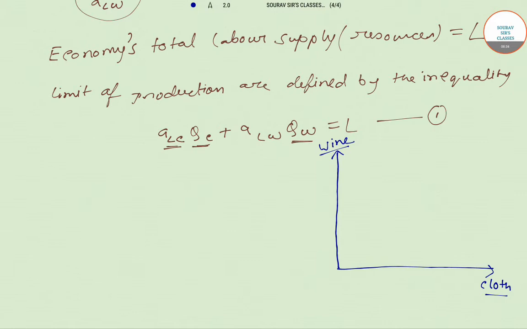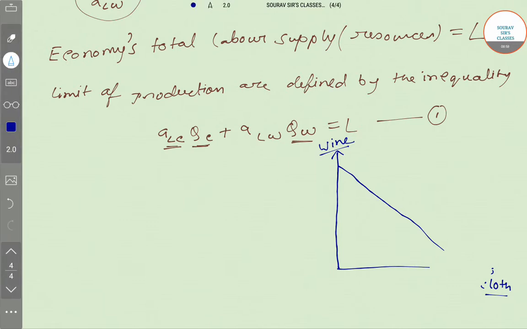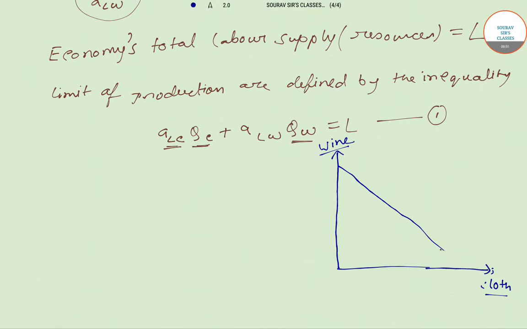Now we'll draw a line whose slope is the opportunity cost of cloth in terms of wine. This line is the PPF, the production possibility frontier of America.